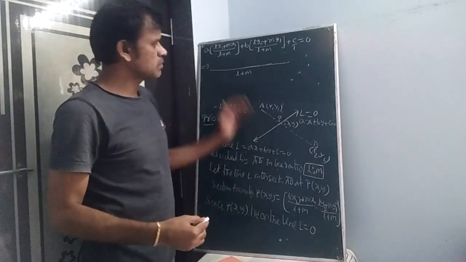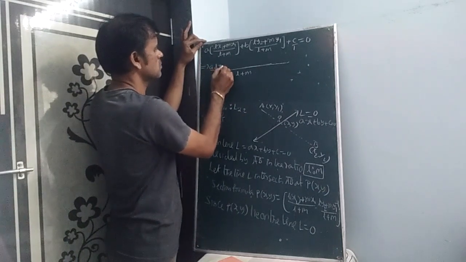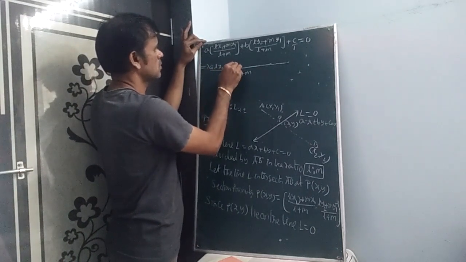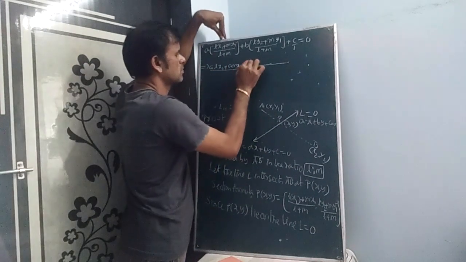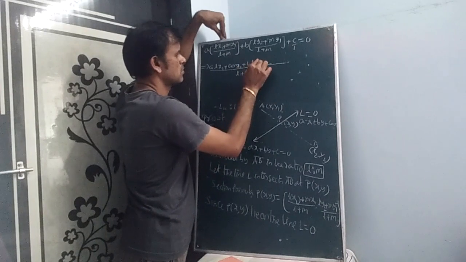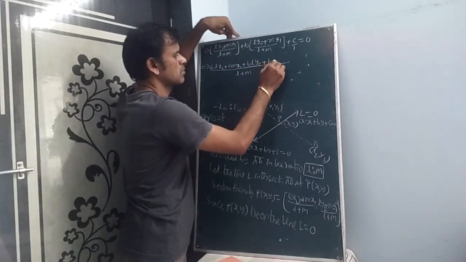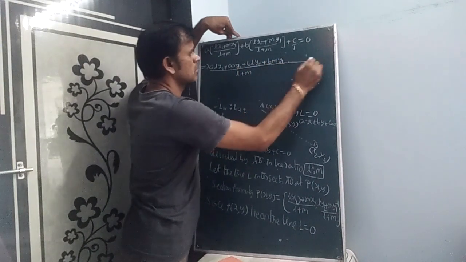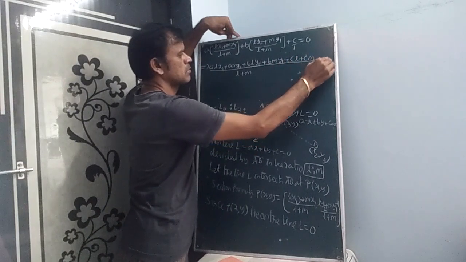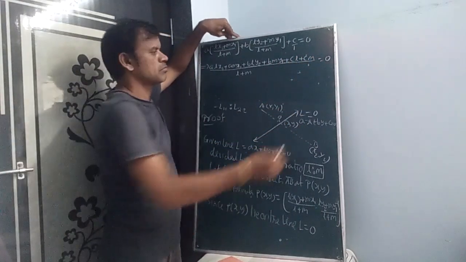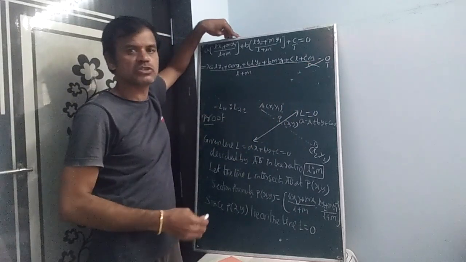So C by 1 it becomes, and multiply here AL x2 plus AM x1, BL y2 plus BM y1, plus CL plus CM equal to 0. By 1 you put and take cross multiplication. This becomes right side, it becomes 0.